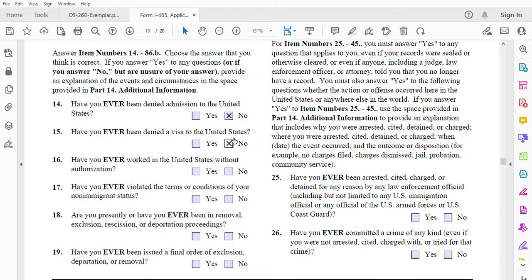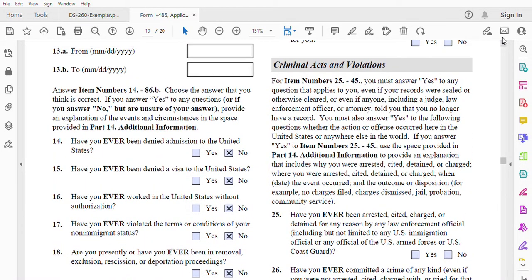No. Have you ever worked in the United States without authorization? No. Have you ever violated the terms or conditions of your nonimmigrant status? No. Are you presently, or have you ever been, in removal, exclusion, rescission, or deportation proceedings? No. Have you ever been issued a final order of exclusion, deportation, or removal? No.